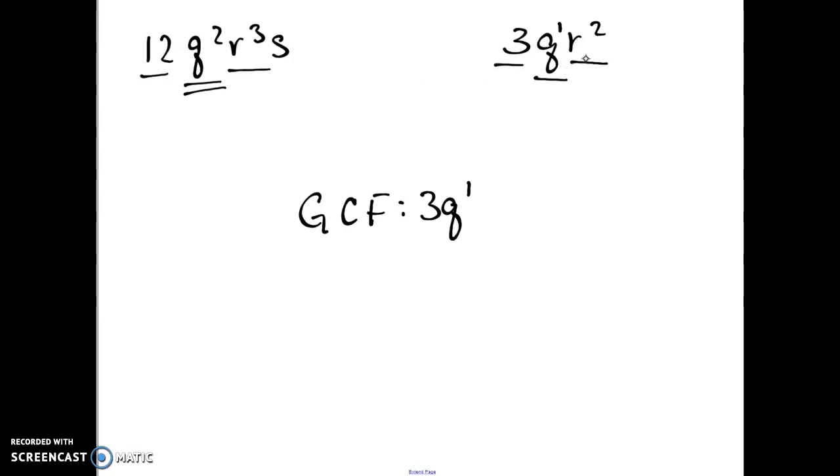So that's r times r, and this is r times r times r. So r squared is fully a factor of r cubed. There is an s in this product right here. There's no s on the other side, so I cannot include that. And my greatest common factor is 3qr squared.